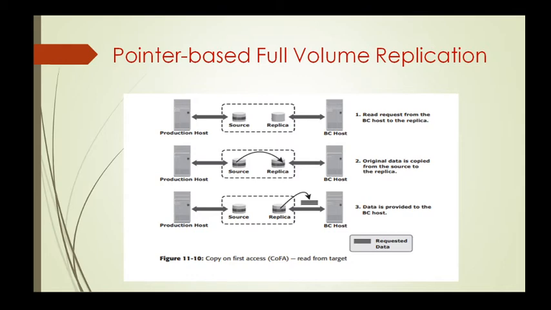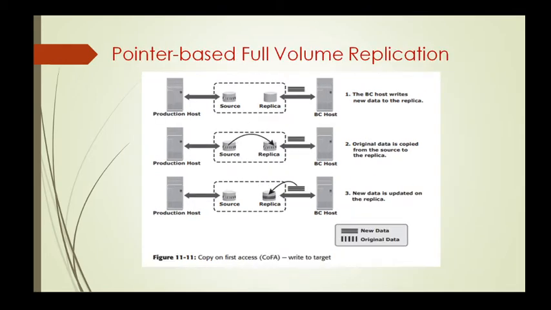Next, when a write is issued to the target for the first time after the replication session activation, the original data is copied from the source to the target. After this, the new data is updated on the target. Let us see the first step. Again, the horizontal line indicates the new data, and the vertical lines shown within the source and the replica indicate the original data.